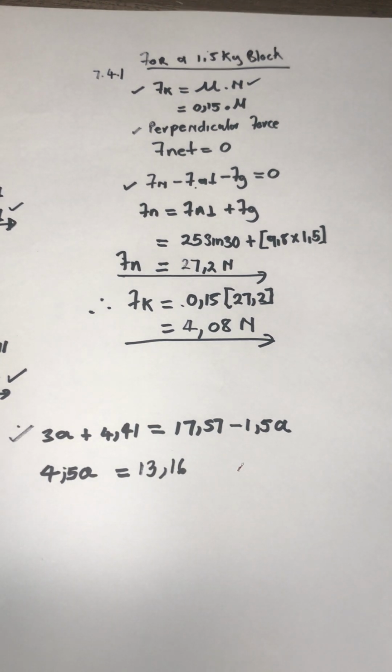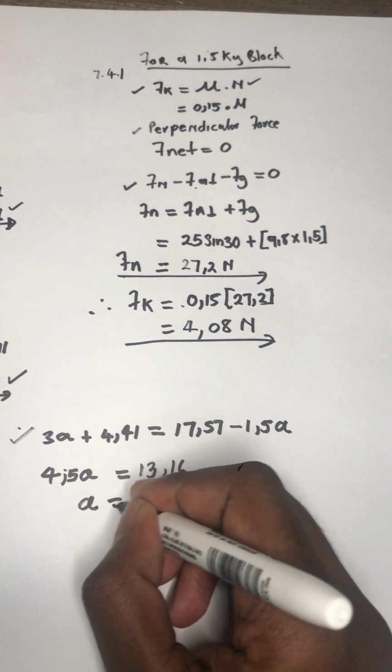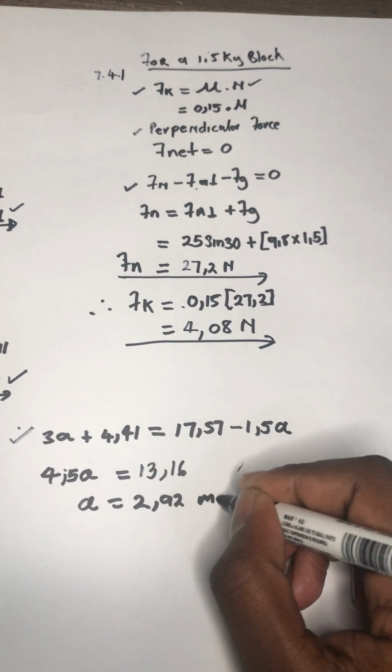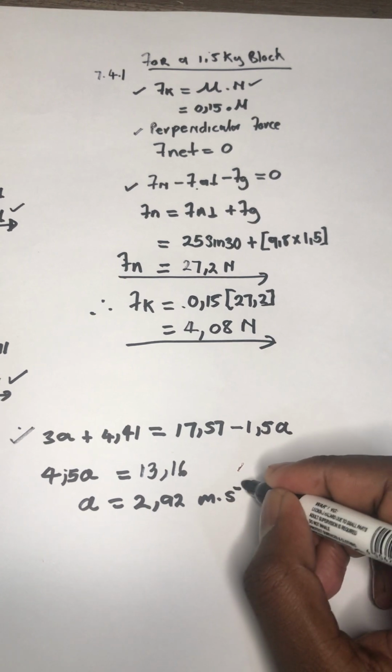Then we divide both sides by 4,5. We get the acceleration as 2,92 meters per second squared.